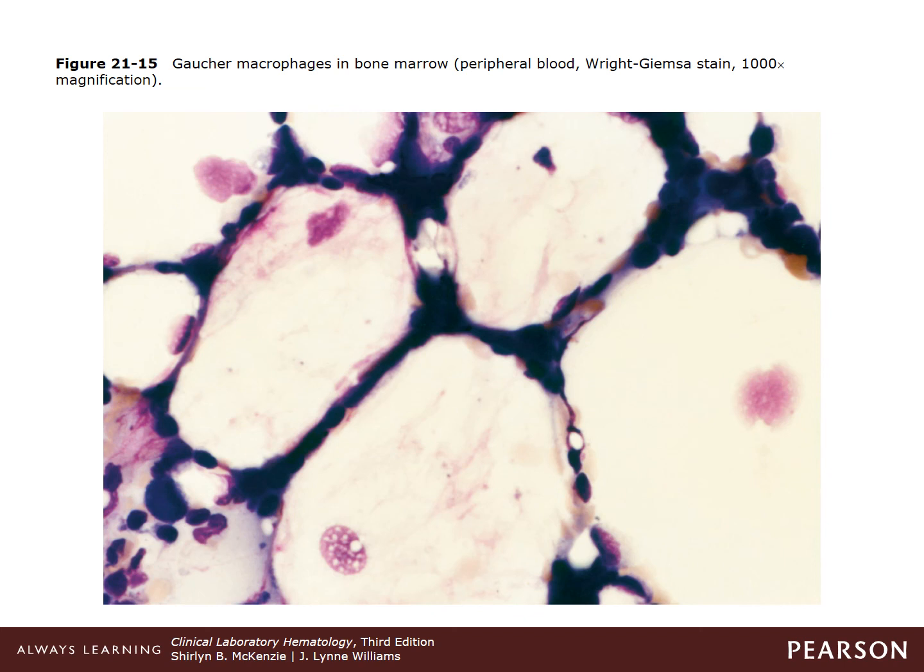So in this disease, the macrophage is unable to digest the stroma of ingested cells, so lipid accumulates. Here you're seeing Gaucher cells that can be found in the bone marrow of individuals with this type of condition.